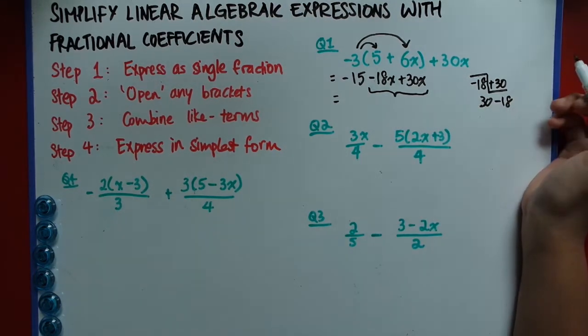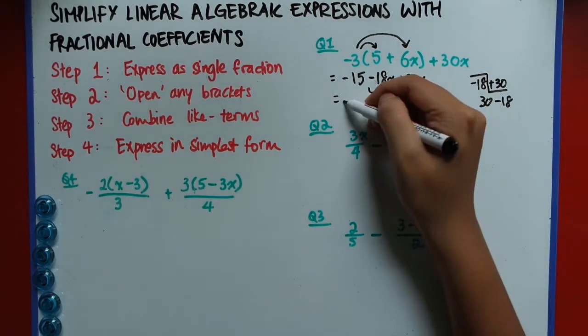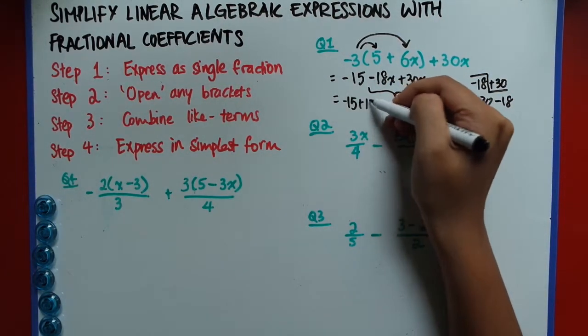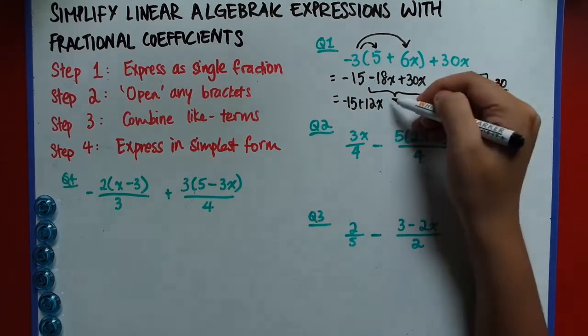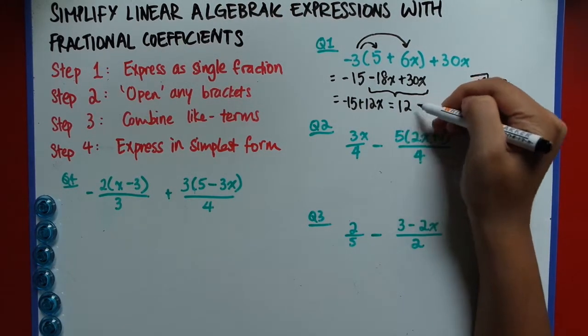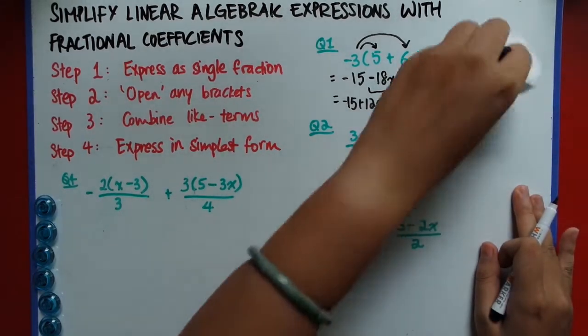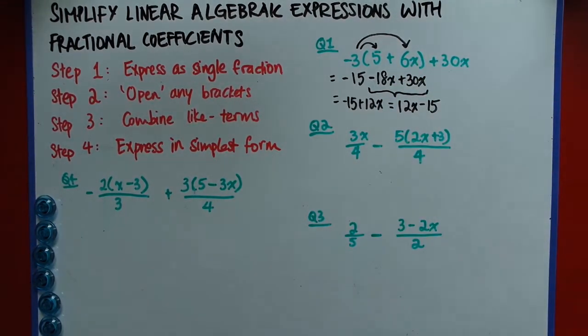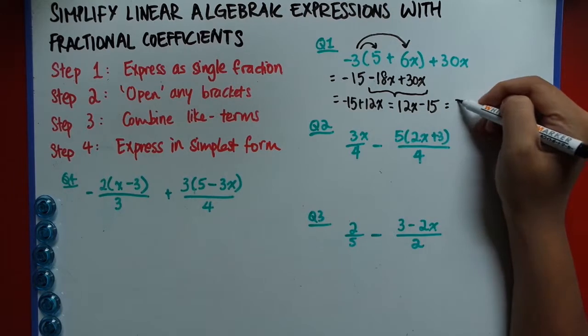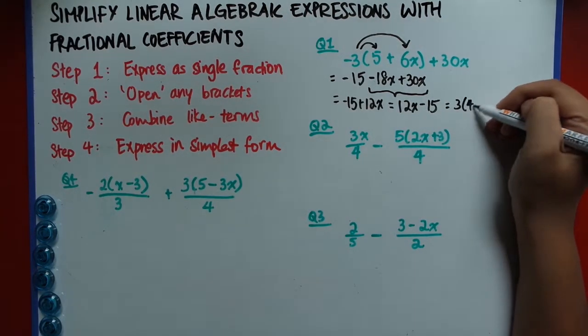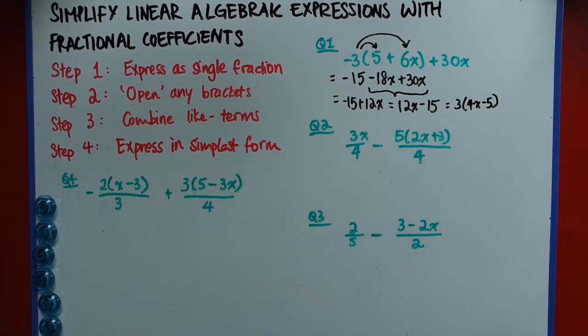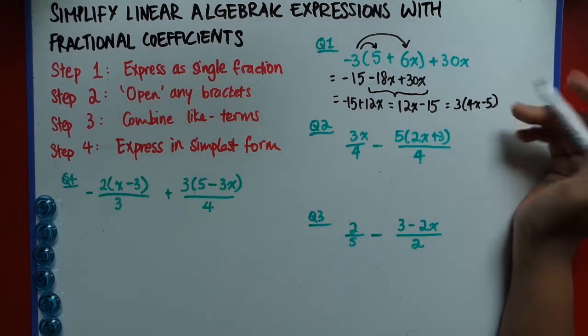So it's simply 12x. So it's minus 15 plus 12x. But you can make it nicer. I would just write it as 12x minus 15. Of course, I can even simplify this further. I can factorize out 3, and I will get 4x minus 5. So this is the nicest form.